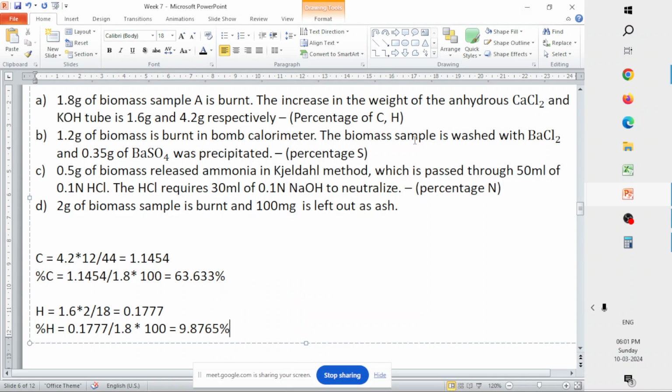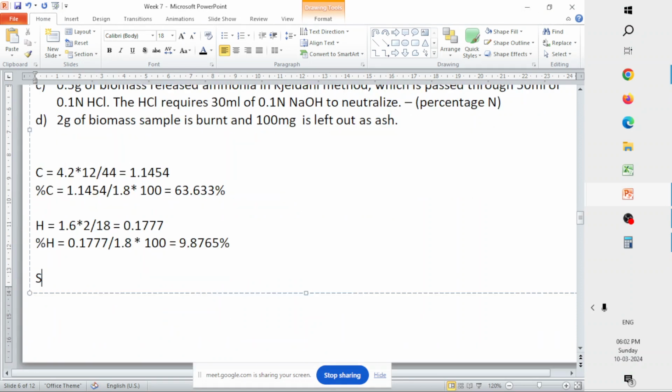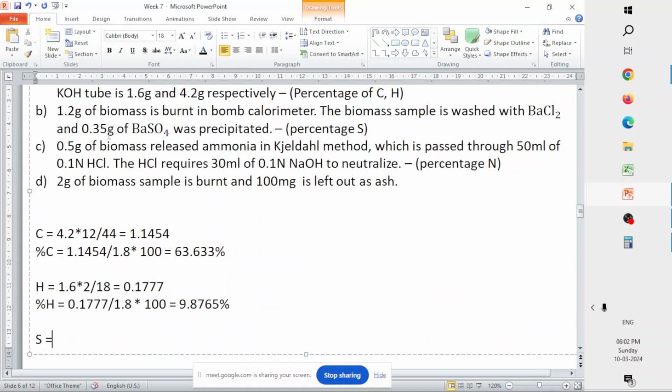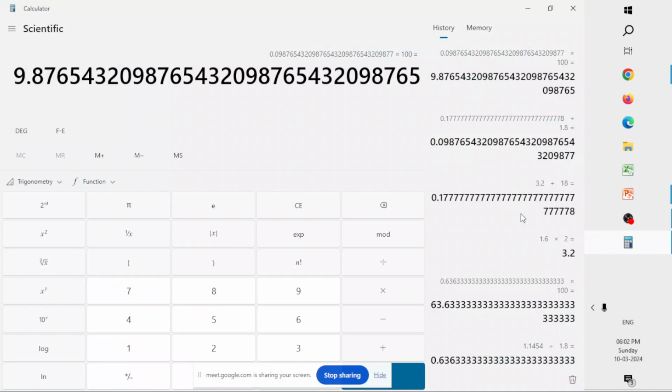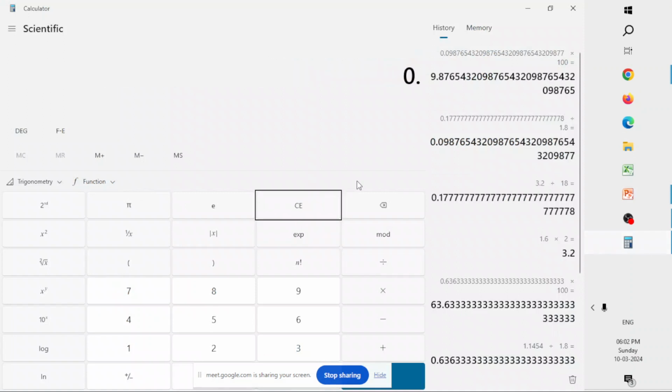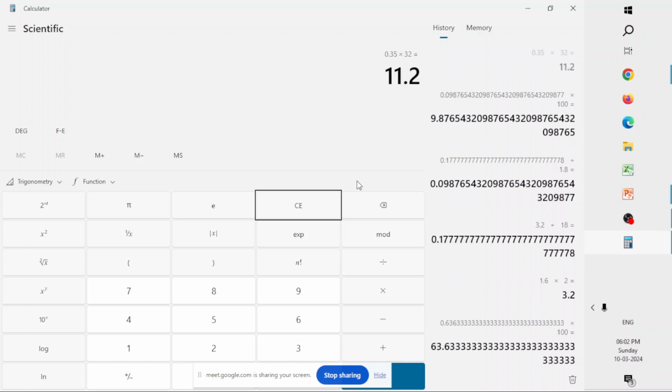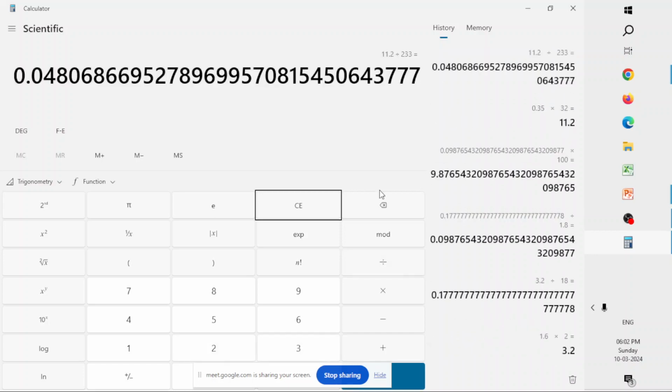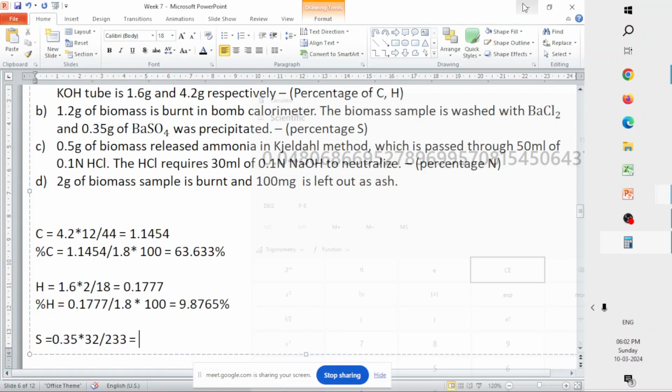Let's go to calculating the sulfur content. So sulfur content will be, you have 0.35 grams of barium sulfate, sulfur is 32, the whole divided by barium sulfate's molecular weight, 233. That gives 0.0480.